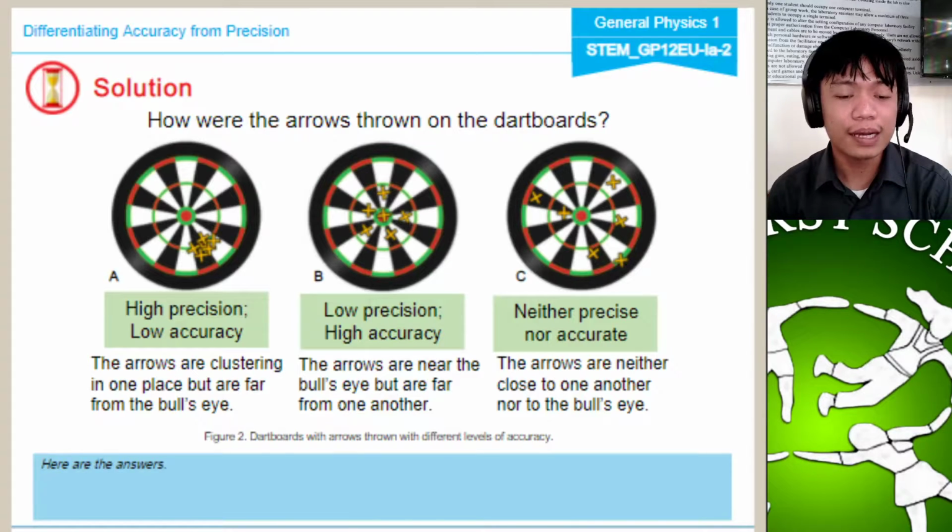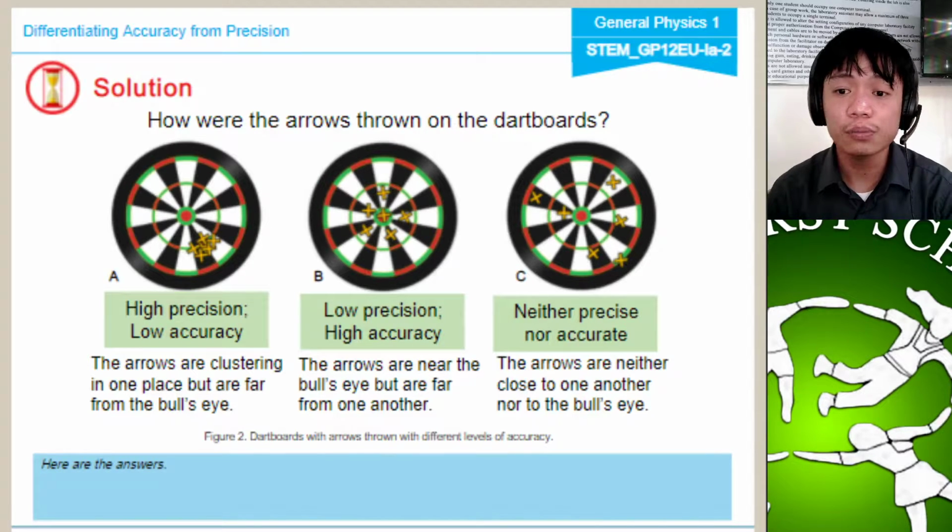Precise yung pagkasabi natin, we have high precision kasi yung mga repeated measurement mo, which is the arrows, are close to each other, but it has low accuracy kasi malayo siya sa standard value.